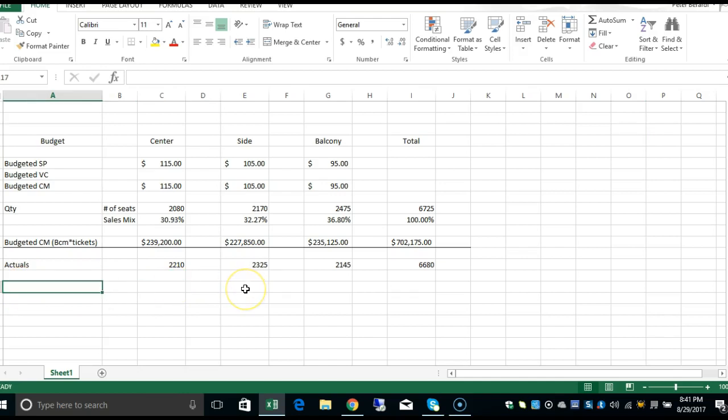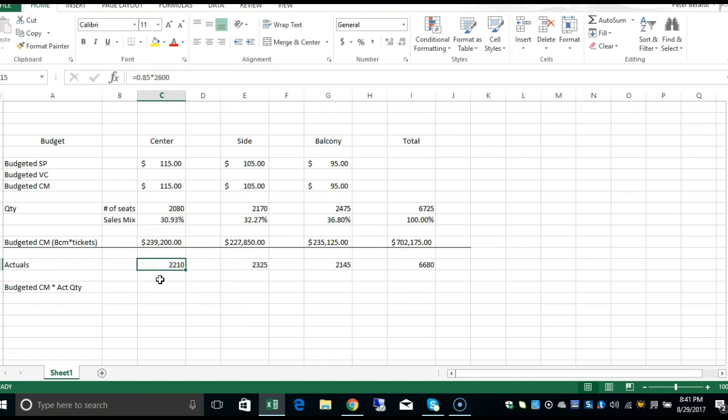The next thing you want to do is simply take the budgeted contribution margin times actual quantity. And this is basically a flexible budget. You're taking the budgeted contribution margin times the actual quantity.